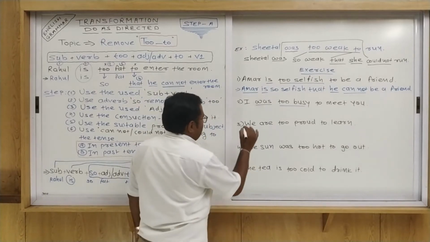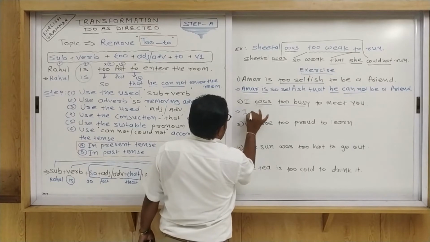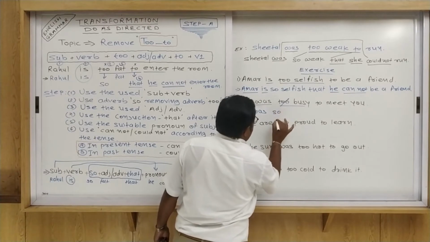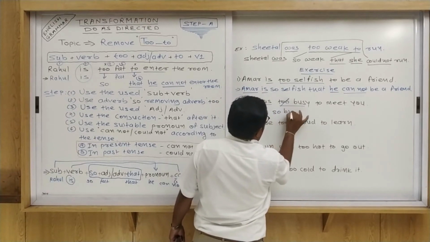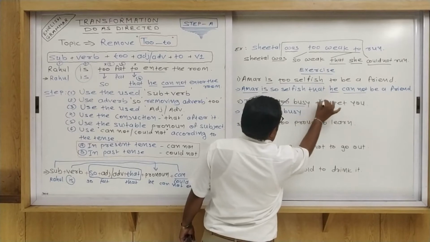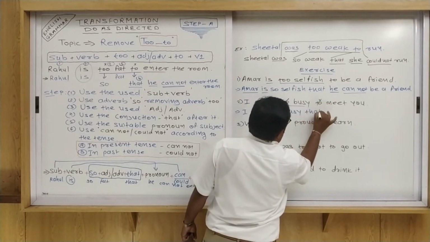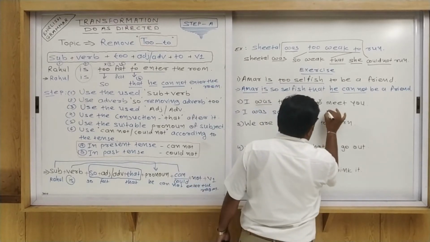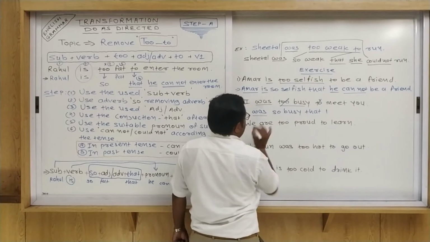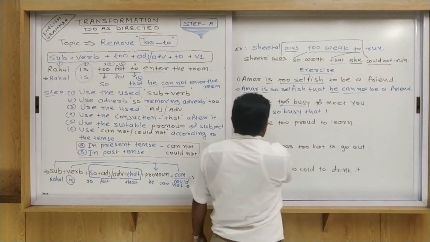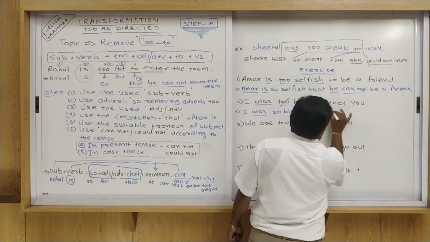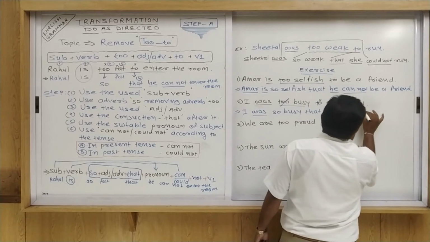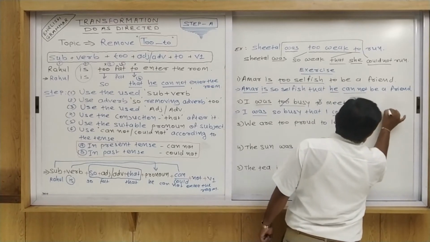So the subject is I, and we write: I was so busy that I could not meet you. Here we can use the pronoun I with simple past tense.